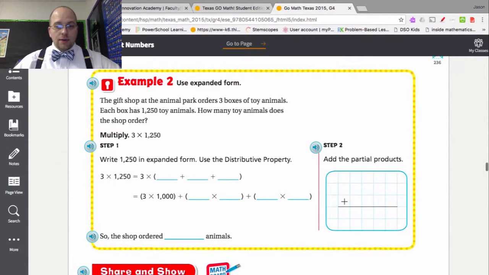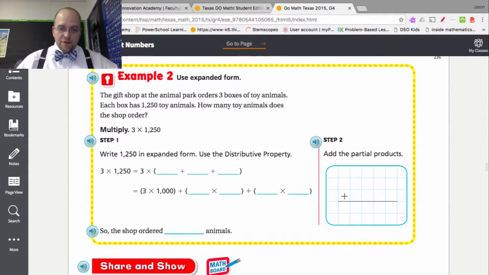If I do it one more time in expanded form, here I'm going to write down these numbers in expanded form, and the numbers that I'm multiplying are 3 and 1,250. Let's look at the word problem. The gift shop at the animal park orders 3 boxes of toy animals. Each box has 1,250 toy animals. That's 3 groups of 1,250.